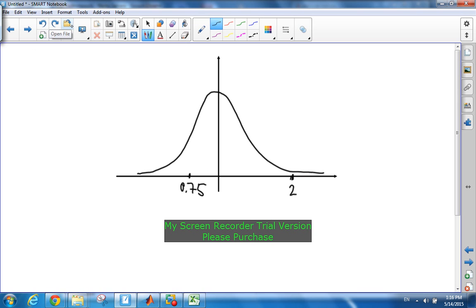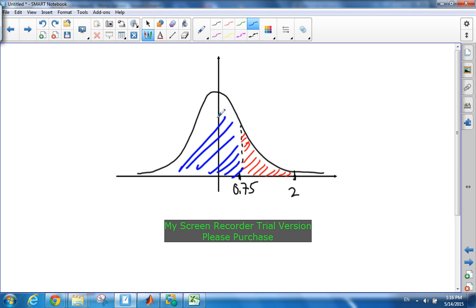I'm sorry, not negative 0.75. So let's say somewhere here, 0.75 up to 2. What we need is this red shaded area. The way we can compute it is we can look for the cumulative probability up to value 2. Maybe I should use purple.